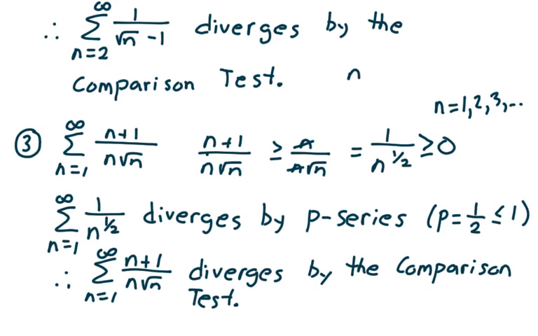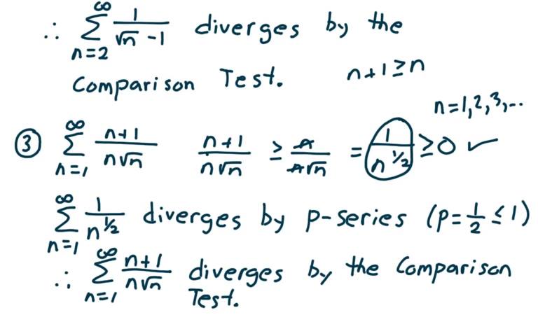Because isn't n plus 1 greater than or equal to n? That's true, right? Now, notice how the n's cancel, and we're left with 1 over the square root of n, which is just the same as 1 over n to the 1/2. And this is true for n equal to 1, 2, 3, etc. And remember, that's greater than or equal to 0.